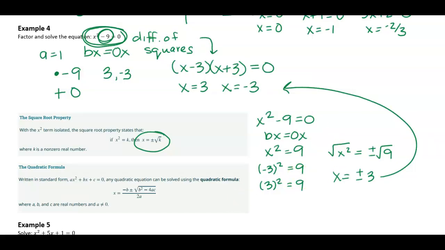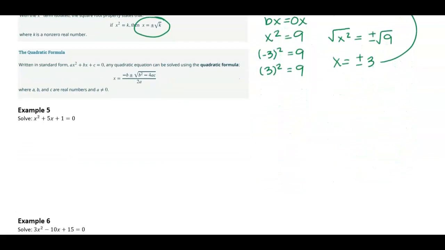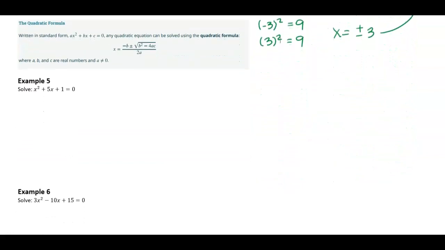The last set of examples are going to be solved by what's called the quadratic formula. It is important that you understand this formula can be used for any quadratic, but it is specifically useful when you cannot find two linear factors.